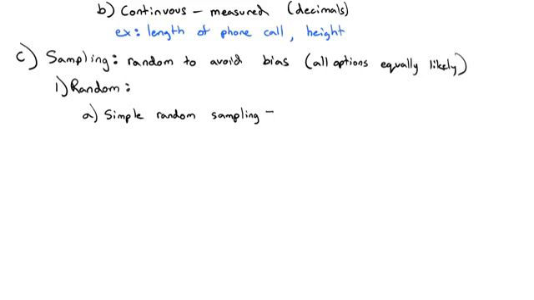Simple random sampling is random selection methods such as random numbers, or drawing out of a hat.